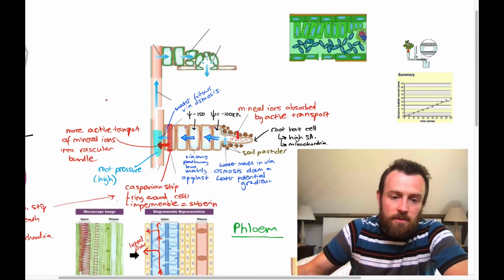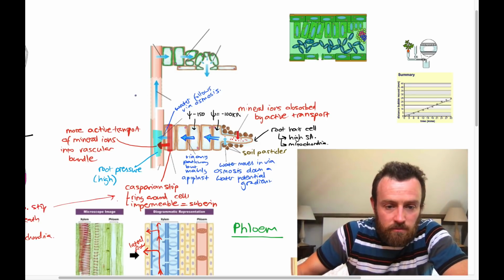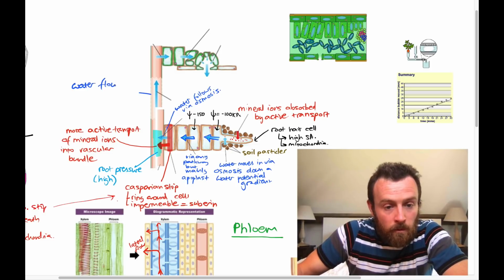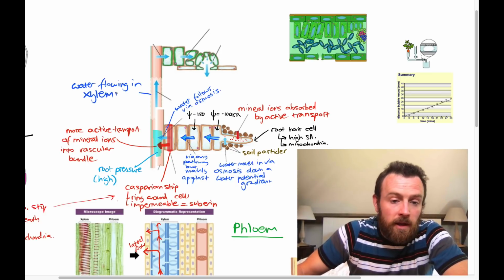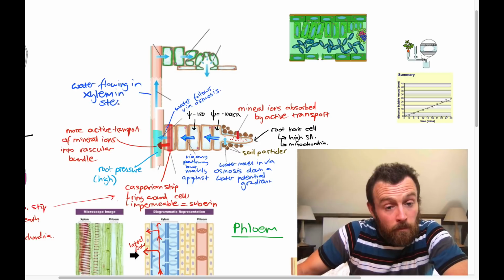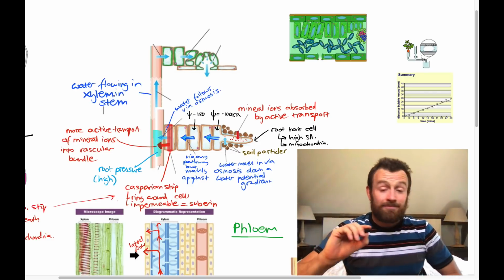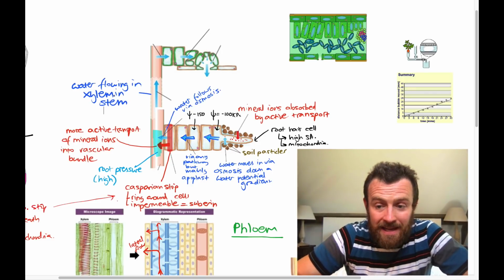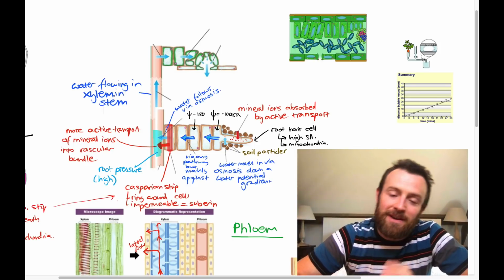So, okay, this point here is really water flowing in xylem in the stem. Okay, so that is the water flowing in the xylem in the stem.